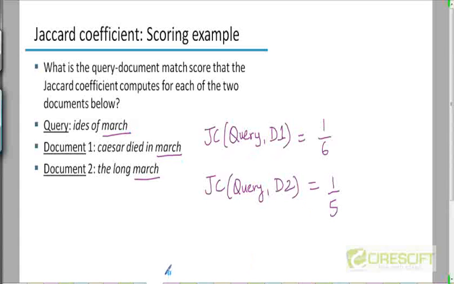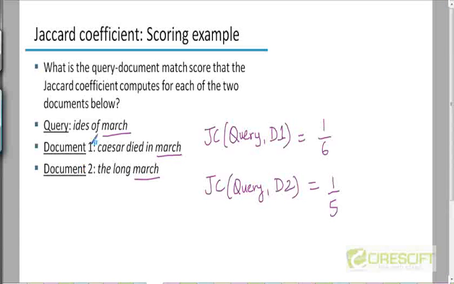Now, think about it conceptually. As a user, if you had this query and these were the two documents, which of these documents is closer to the query? Which of these documents is more relevant to the query?